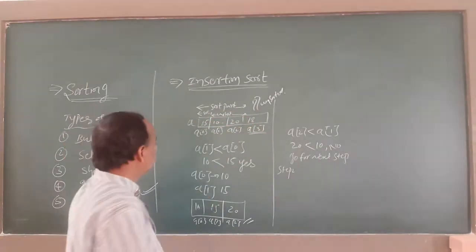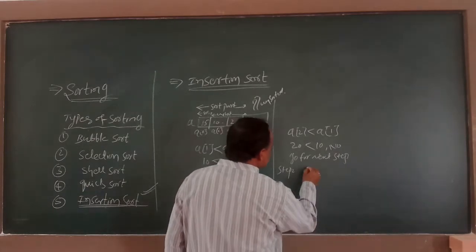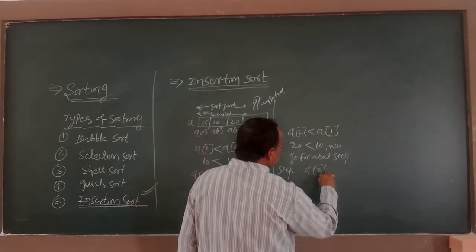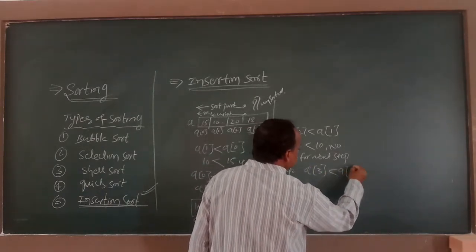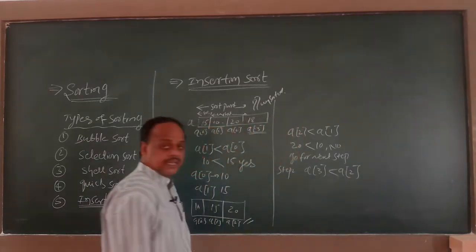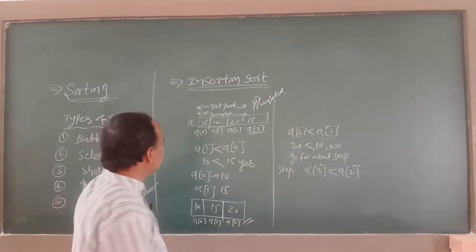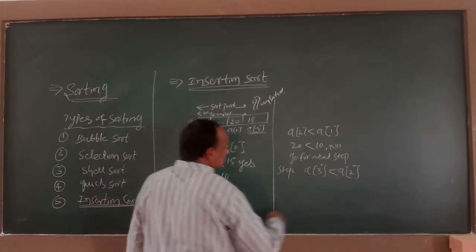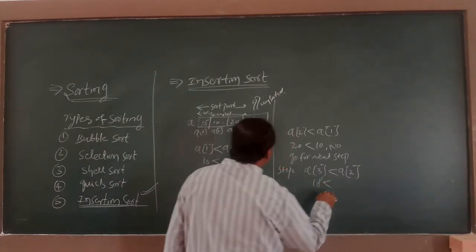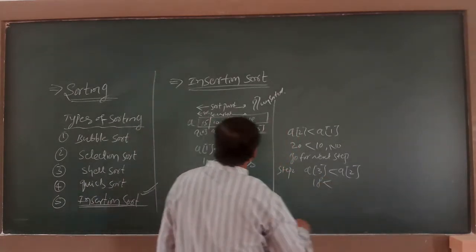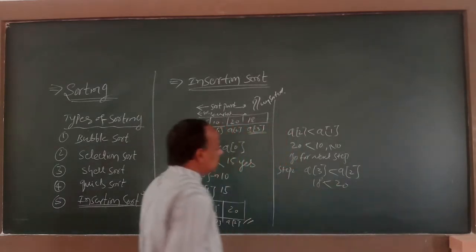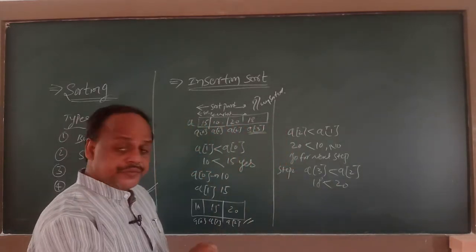See here, the next position: is A of 3 less than A of 2? What is in A of 3? 18 is there. Is 18 less than A of 2? A of 2 contains 20.